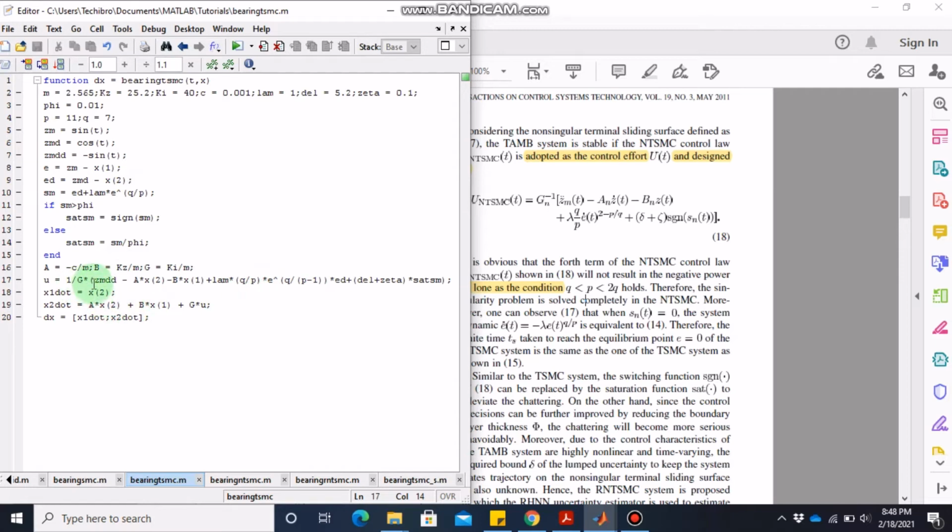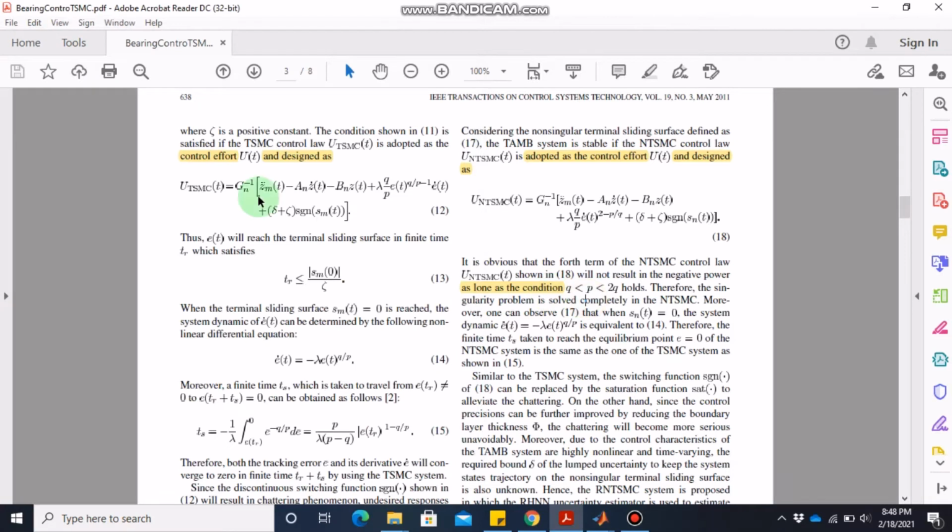In the control law, you see here G inverse, ZM double dot, A and B, which are similar terms to those that appeared in the previous sliding mode control, but there you have a term related to error and its raised power, multiplied by the derivative of the error.